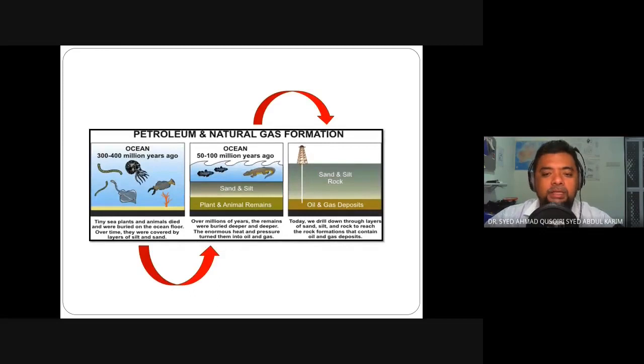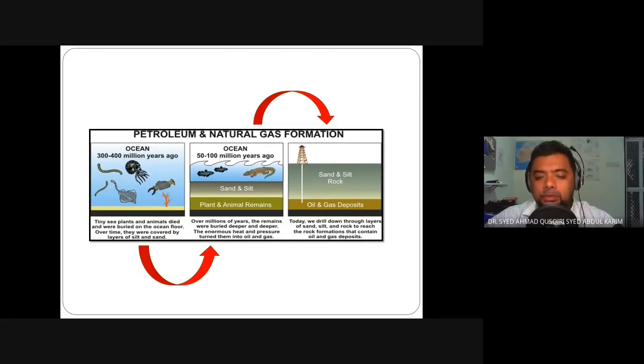So this is a bit of a diagram, okay? From the sea, plants and animals died and went to the ocean floor. Over time, they were covered, and the remains get buried deeper and deeper. The enormous heat and pressure turn this into oil and gas.